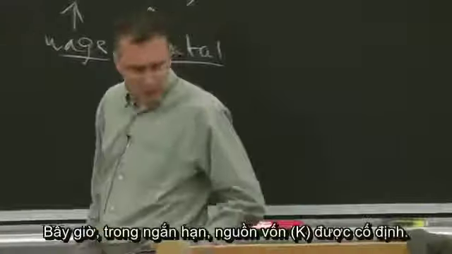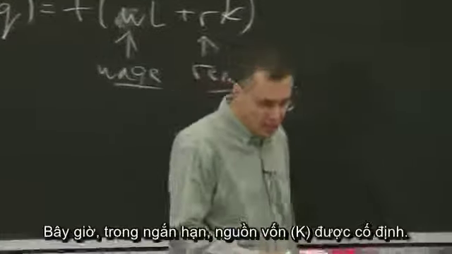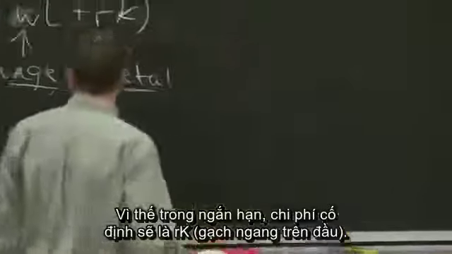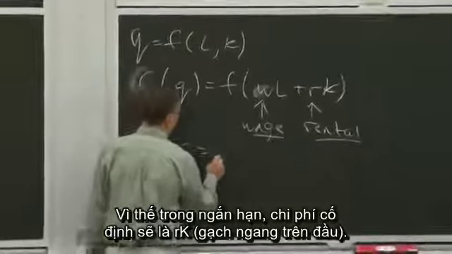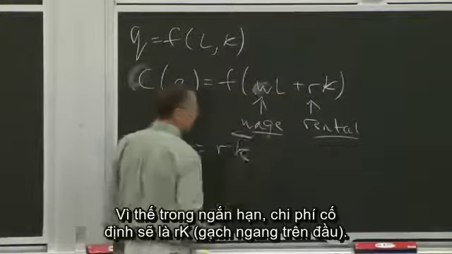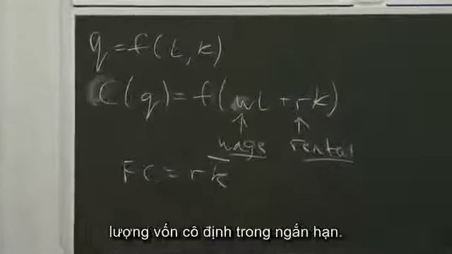Now, in the short run, capital is fixed. So our fixed costs are R K bar: the rental rate times the fixed amount of capital in the short run.